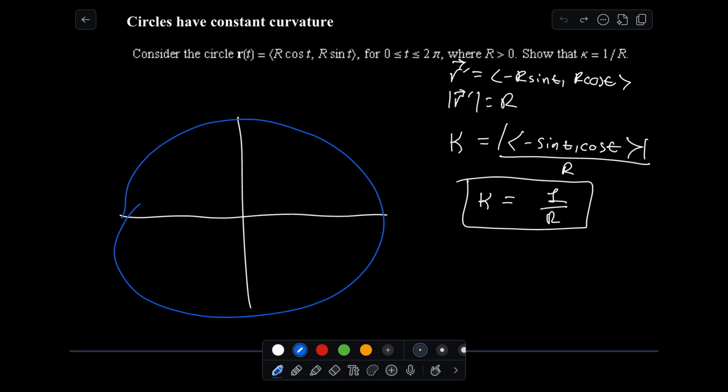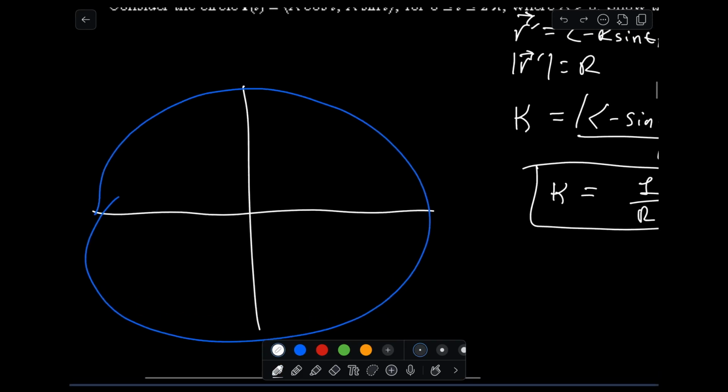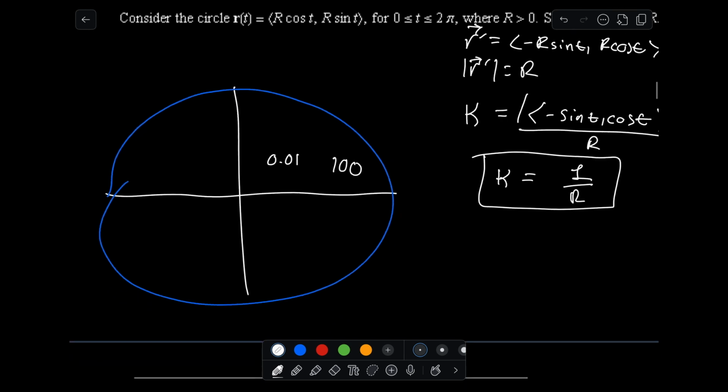Because if you think about it, if you have a radius of 0.01 versus 100, a tiny change in your t along the circumference of the circle is going to give you a way different value than a tiny change on a circle with 100 units as its radius.